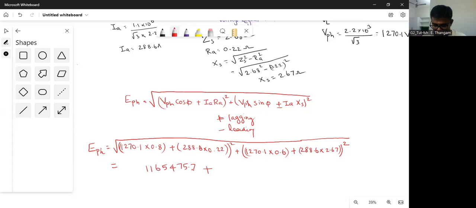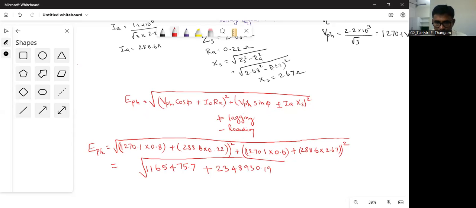Plus then this value: 1270.1 into 0.6 plus 288.6 into 2.67, square, is 2348930.19. So root of the sum, plus 1165475.7, root.